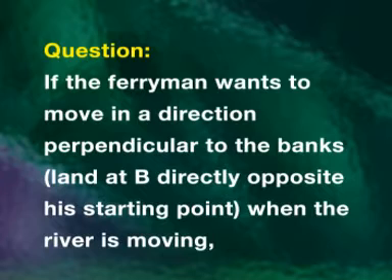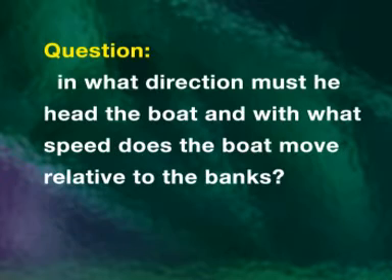If the ferryman wants to move in a direction perpendicular to the banks, that is, land at B directly opposite his starting point, when the river is moving, in what direction must he head the boat, and with what speed does the boat move relative to the banks?